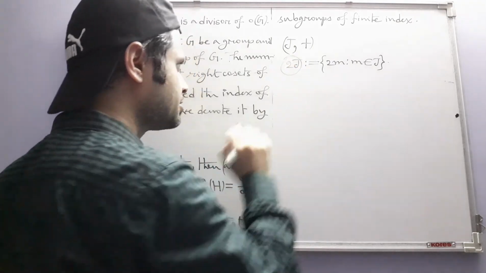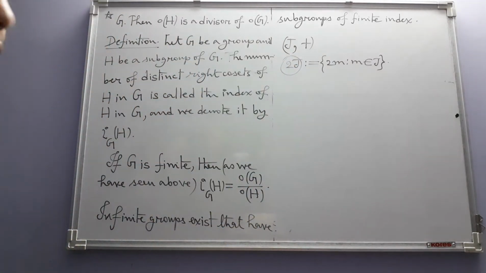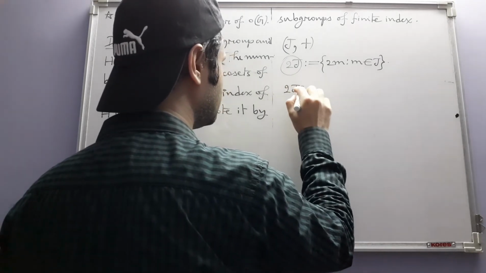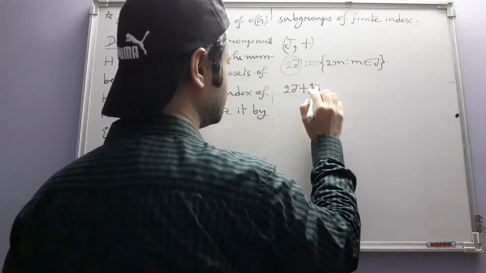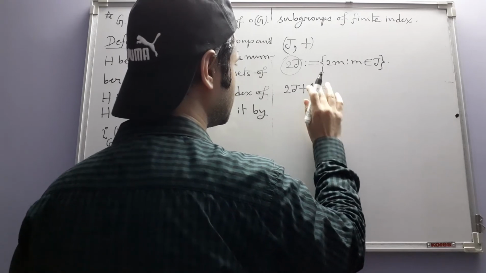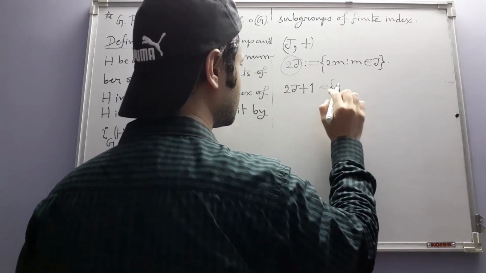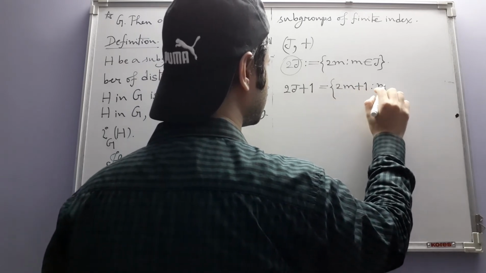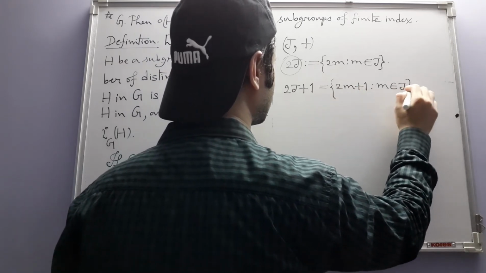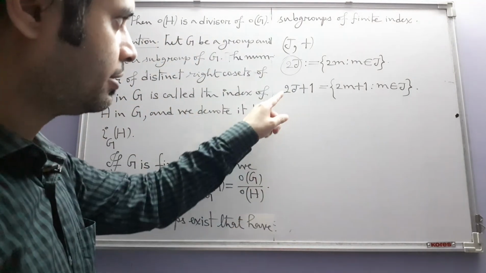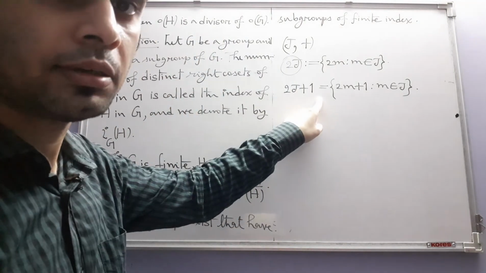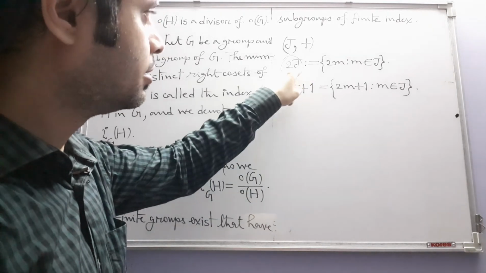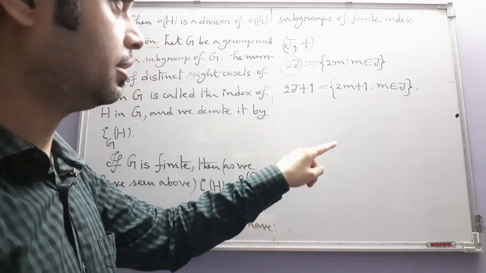The subgroup itself, of course, is a coset. We have already seen. Now, what about 2j plus 1, which consists of integers that look like this? Note that this coset is nothing but the set of all odd integers, and this is the set of all even integers.